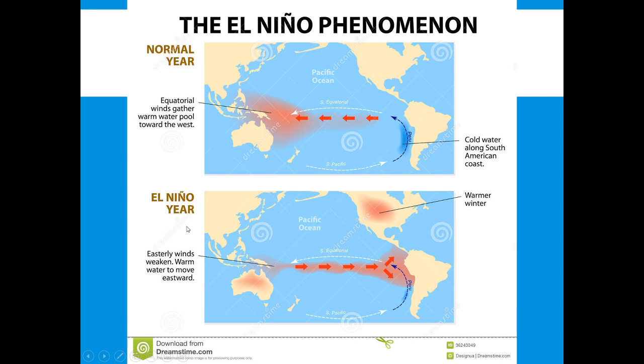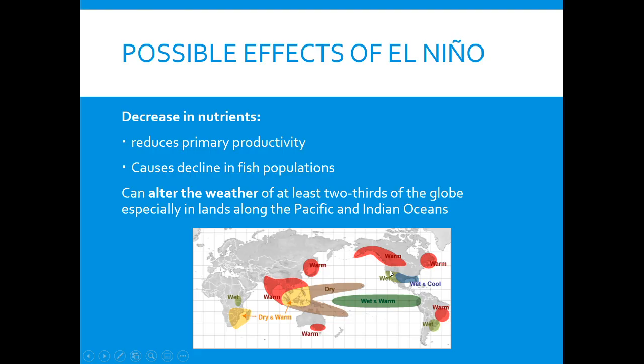During an El Nino year, we typically see the easterly winds that are weakened. Remember, easterly means east to west, and the warm water actually moves eastward. When the warm water moves towards the east, it stops a lot of that upwelling from occurring because the water near the surface is too warm.